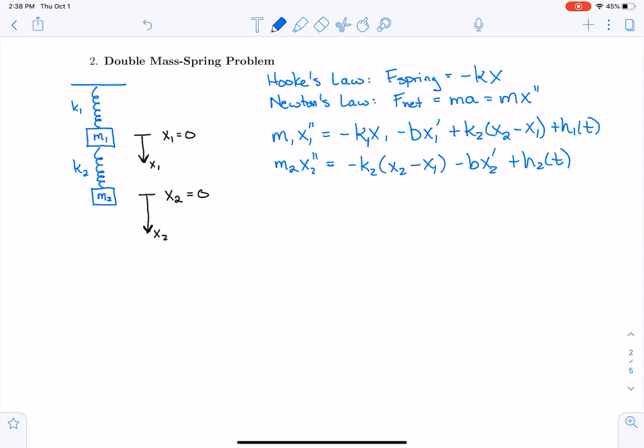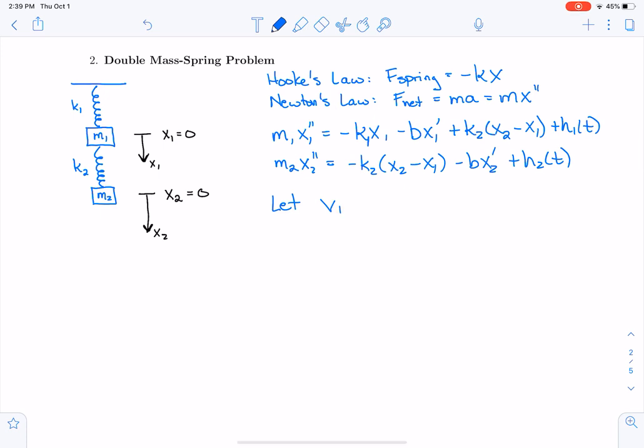So the best way to deal with this kind of system is to rewrite this system as a linear system of first-order equations. So we need to introduce some new variables. We're going to let v1 be the velocity. So we're going to say that v1 is the derivative of x1, and then v2 is the other velocity, that's the derivative of x2.